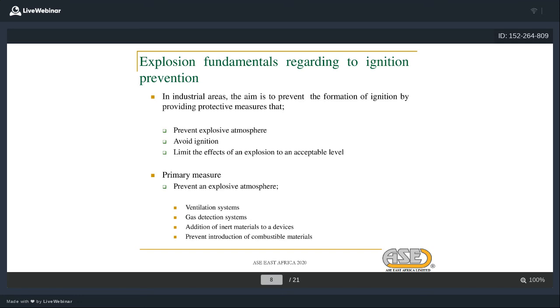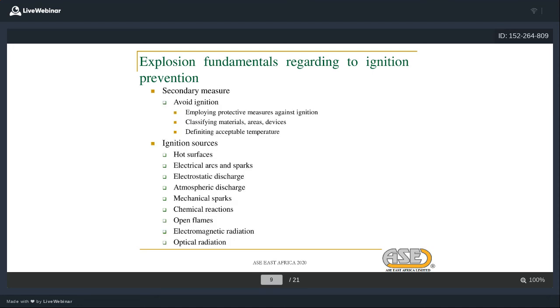But in our industries, you can't have an industry and avoid the presence of flammable substances. And in secondary measures to avoid ignition, how?